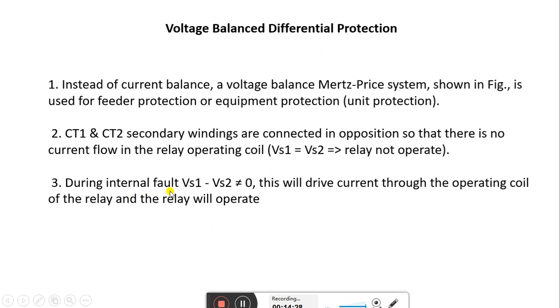But during an internal fault, Vs1 and Vs2 will not be equal, so a difference of potential will exist, which will not be equal to 0. This will drive current through the operating coil of the relay, and the relay will operate. That we'll see with the help of the circuit diagram.